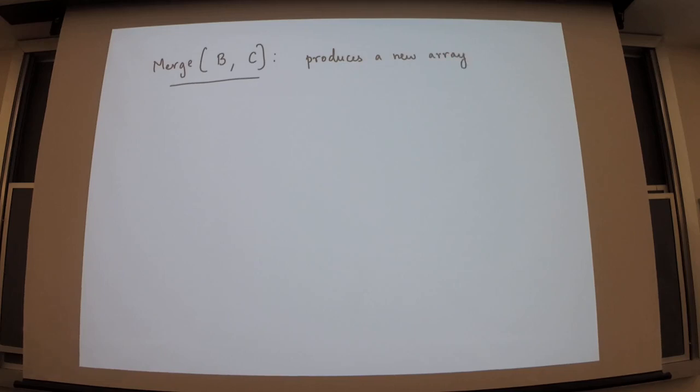You can either call it A, or if you like, you can call it something else. I'm going to call it A, because we already have B and C. And what it does is, at every step, until B and C are both empty.